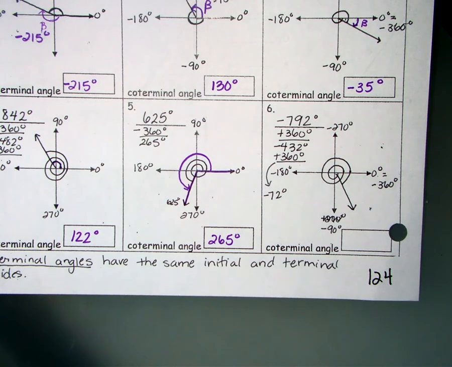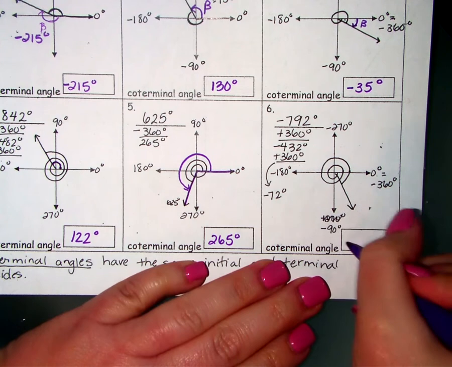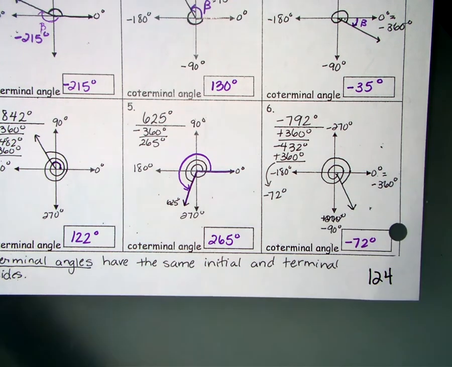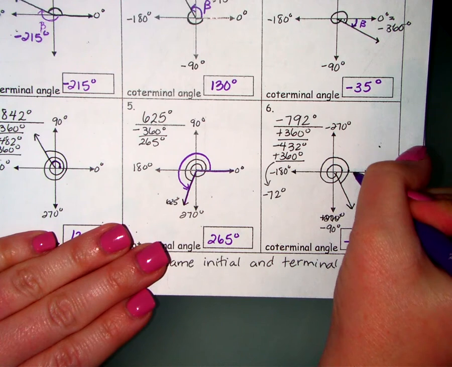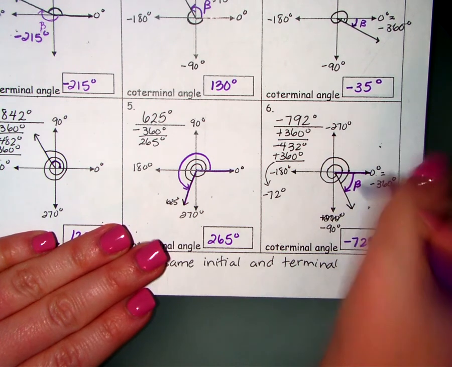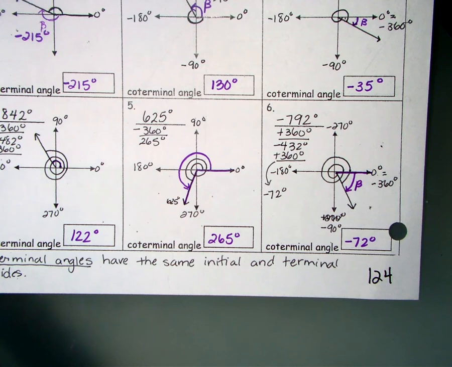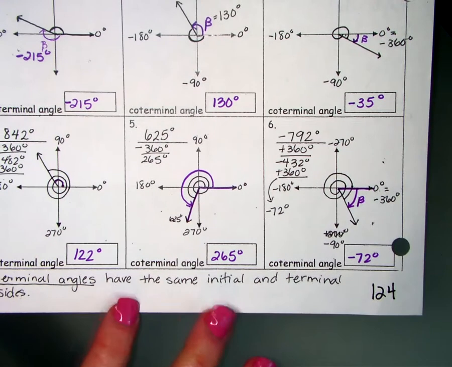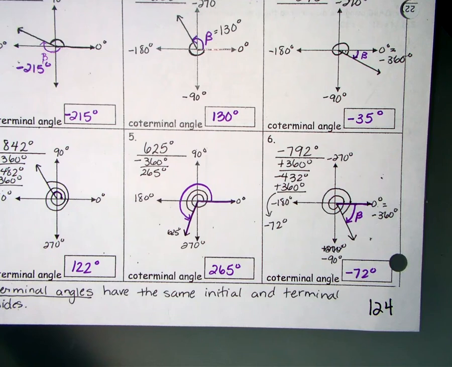So again, I could just write negative 72 degrees is coterminal with negative 792, because I could just start here on this initial side and then get straight to that same spot without going around and around in a circle. So if you're asked to draw an angle in standard form, this is what you're asked to do.